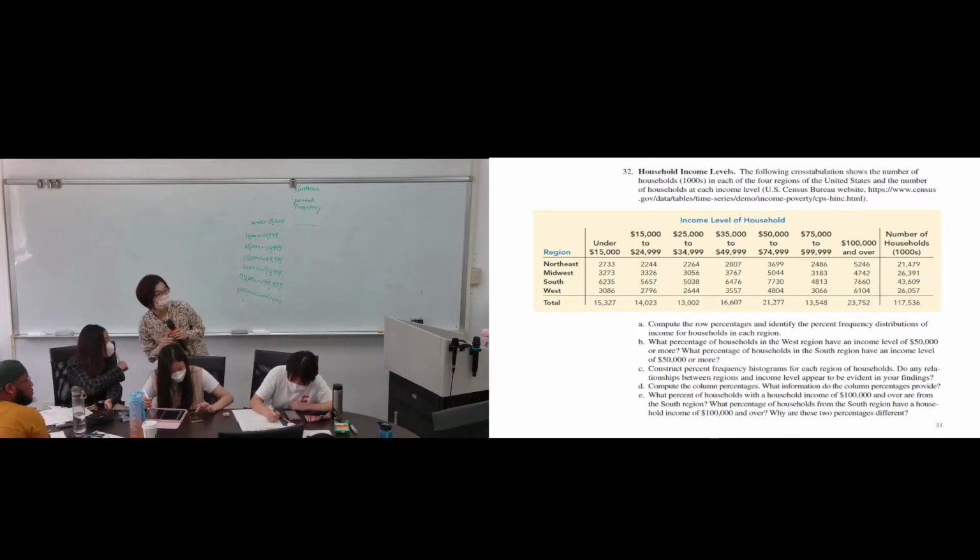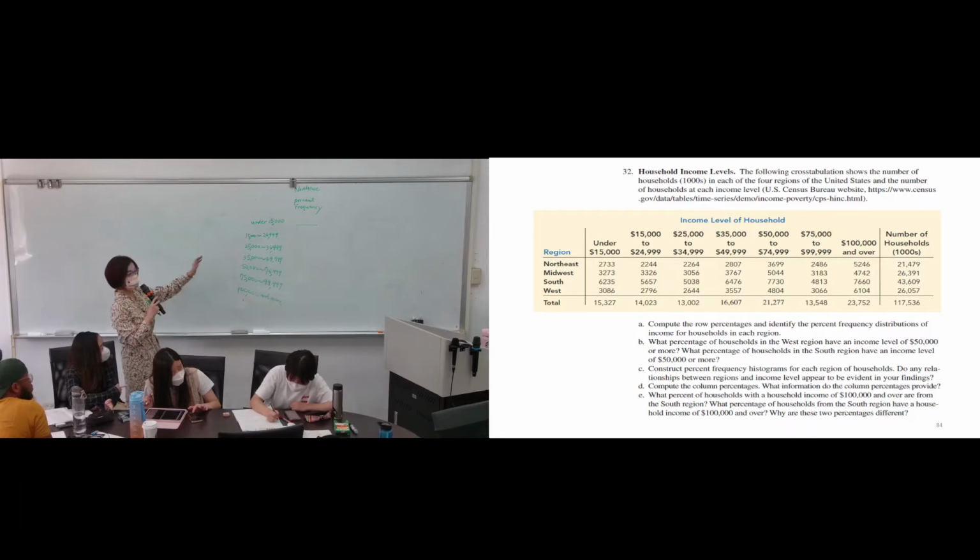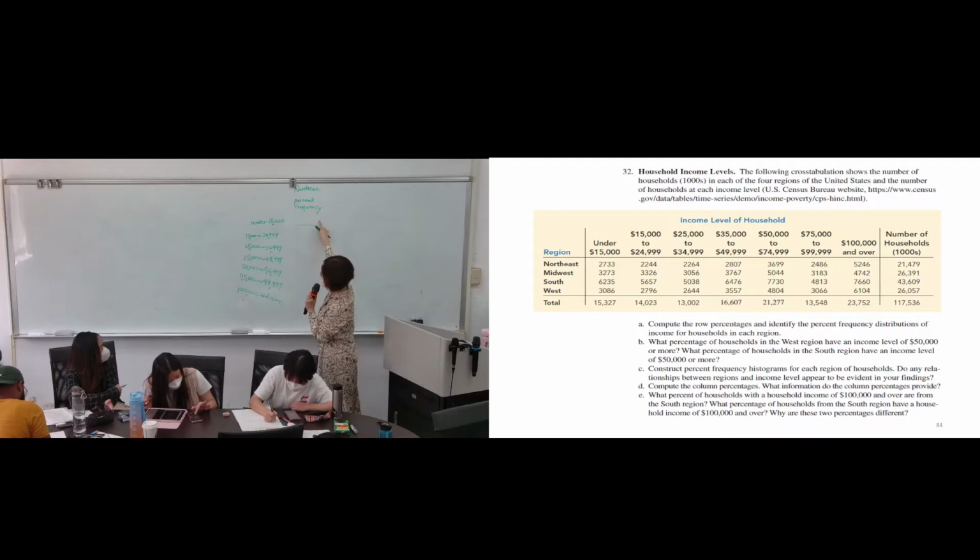So what you do is convert all the numbers based upon the row total. Jovita will focus on the Midwest region, and write down the percent frequency for each of the classes.